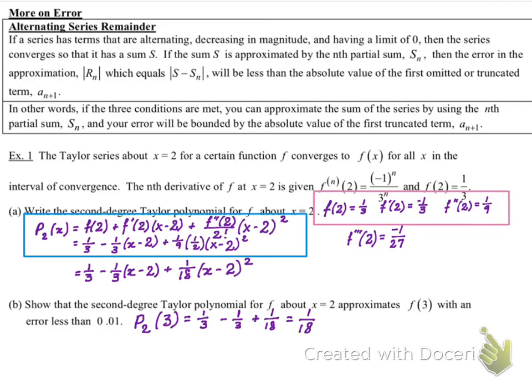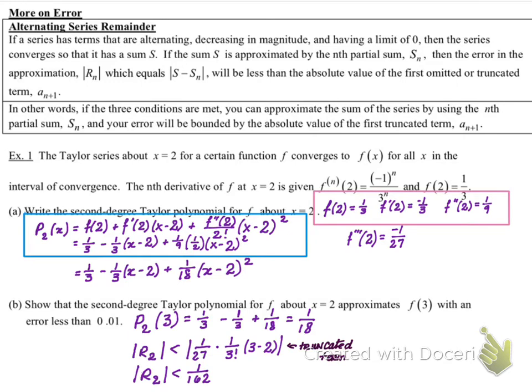Our approximation for f of 3 is 1/18th. Now we need to go back in and find s minus s sub n, or r sub n.